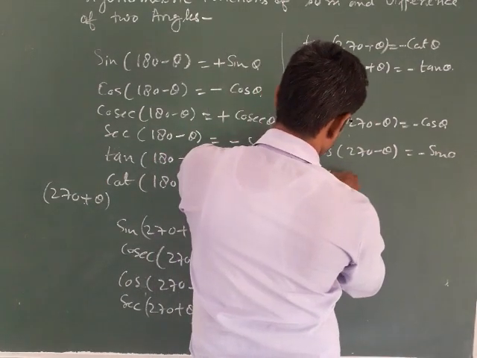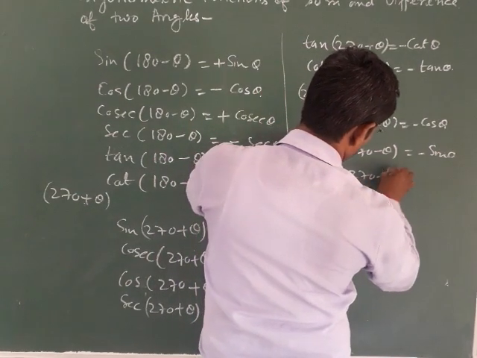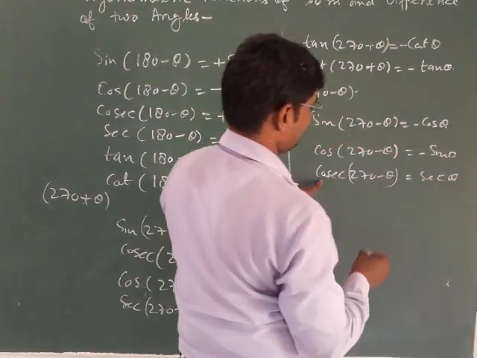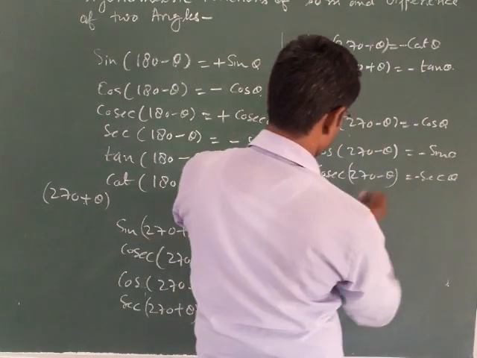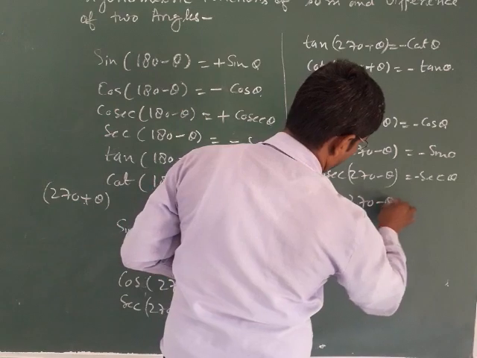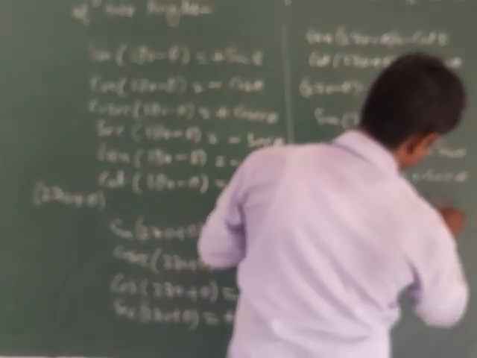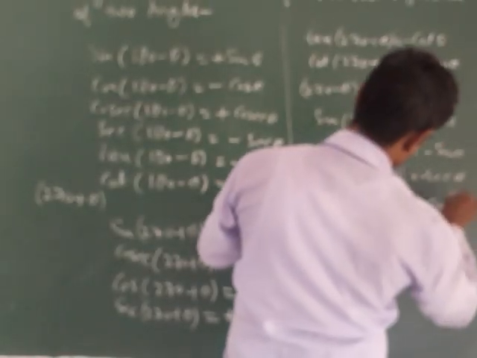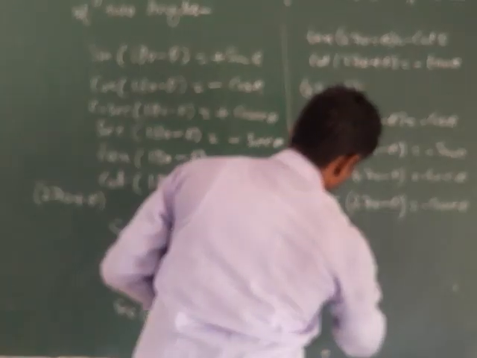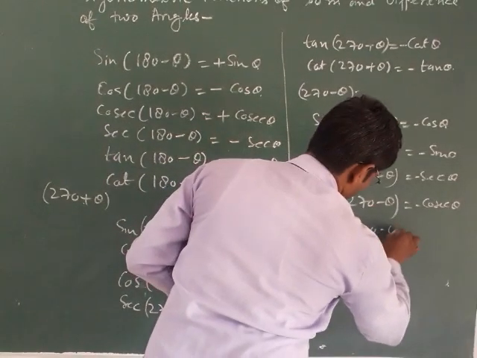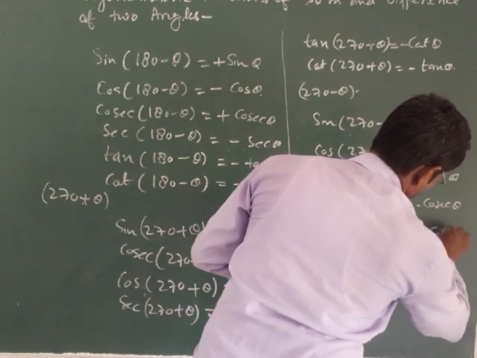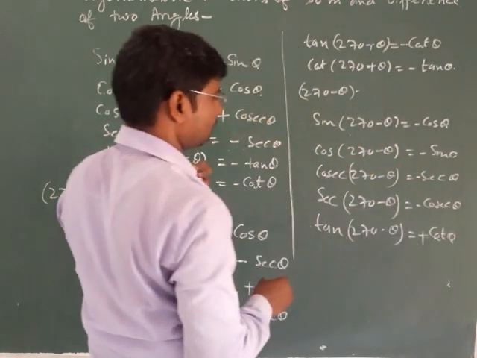And cosec of 270 minus theta is equal to sec theta, so this value is negative, and sec of 270 minus theta is equal to minus cosec theta, lying in the third quadrant. So tan of 270 minus theta is plus cot theta, lying in the third quadrant.